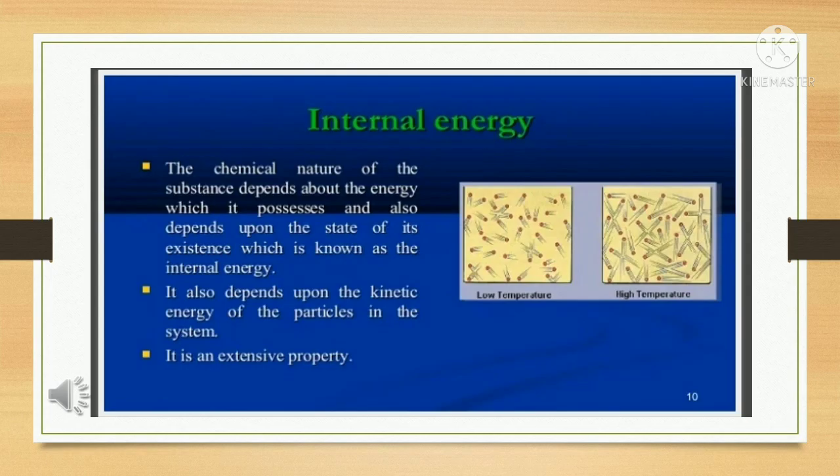It is an extrinsic property. As we see in the figure, internal energy at low temperature and high temperature has a lot of difference. At low temperature there is a small amount of internal energy, and at high temperature there is a high amount of internal energy.